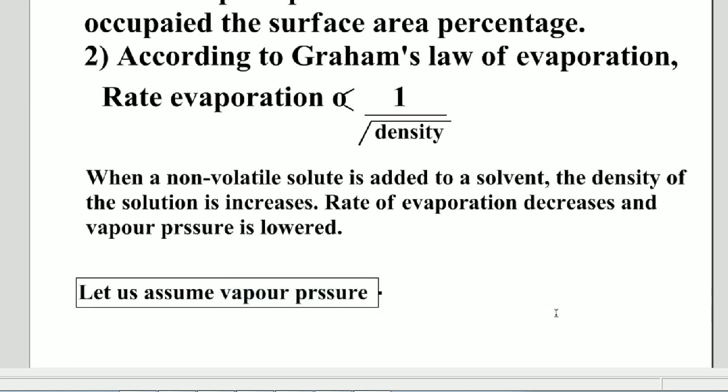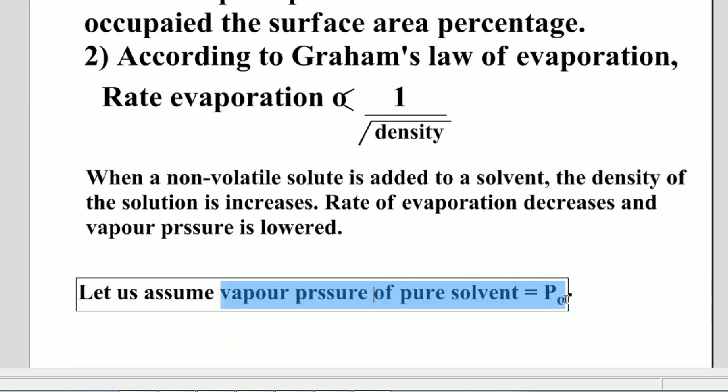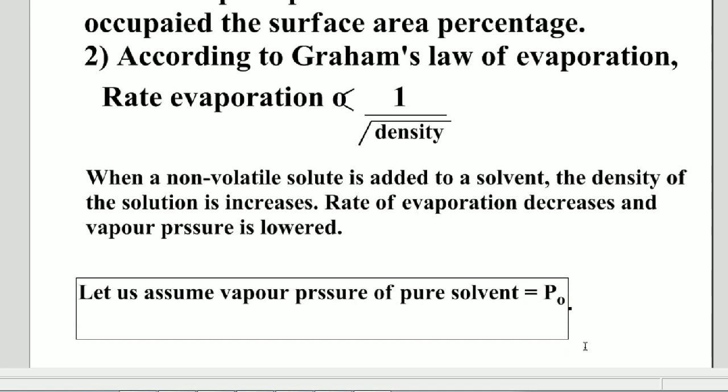Similarly, the vapor pressure of the solution after adding the non-volatile solute is assumed as Ps.